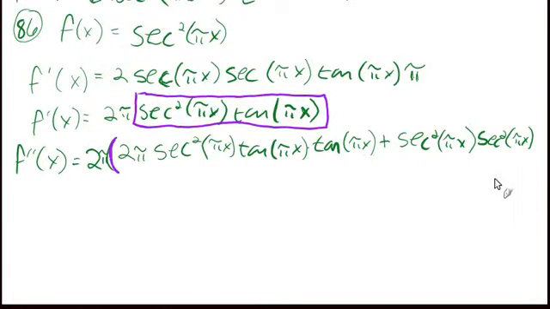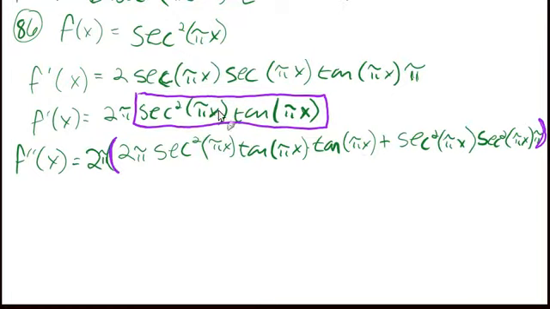But we're taking the derivative of the tangent of pi x, which is the tangent not of x, but of pi x. There's a function inside of the tangent function, so we need to use the chain rule and multiply by the derivative of this, which is pi. Okay. So that's the end of the derivative of the stuff in that box.